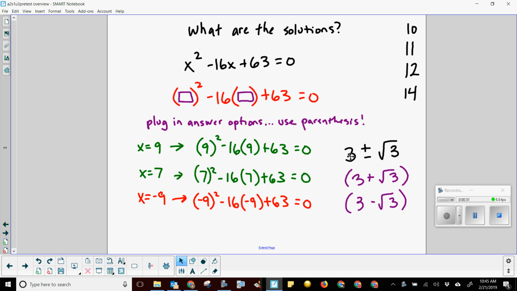Now, I will say an answer that says like 3 plus or minus square root 3 or something like that. That just means try it with 3 plus square root 3 and try it with 3 minus square root 3. Both of those should equal 0. But honestly, once you find the first one, the second one should do it as well.